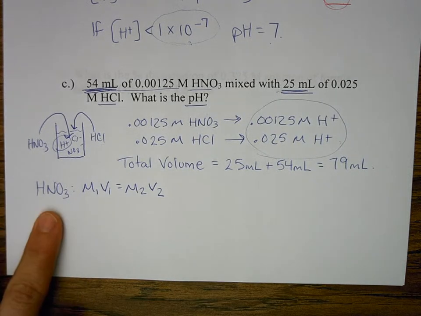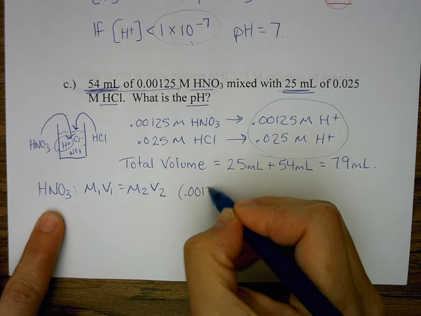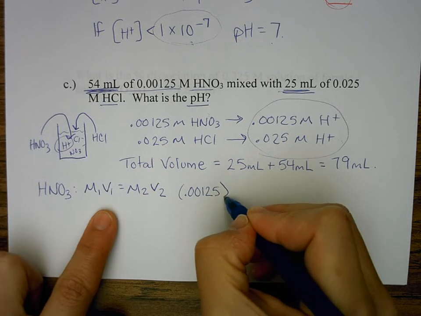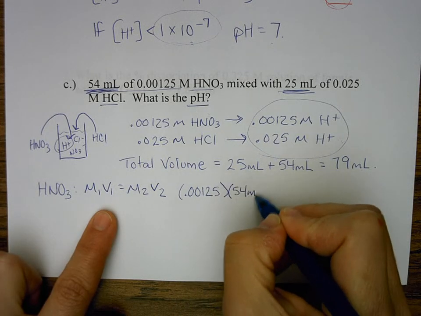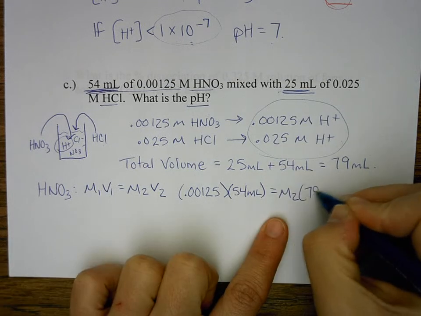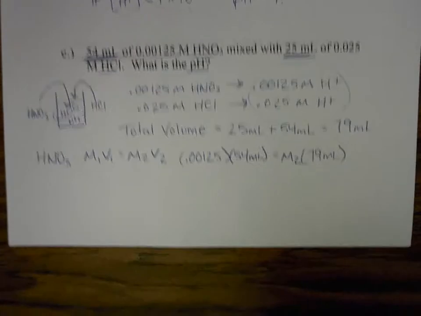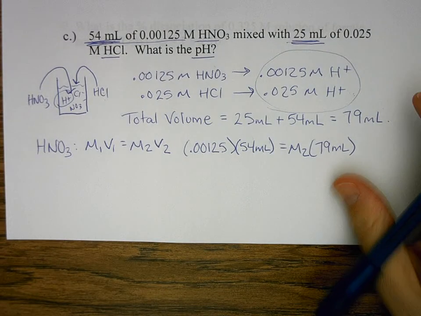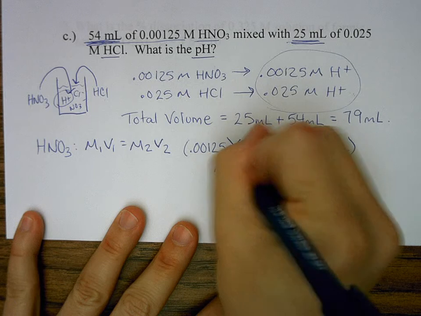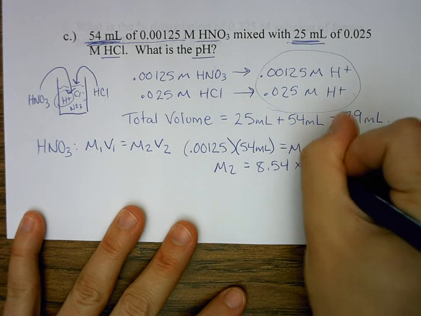For the HNO3, the initial molarity is 0.00125. The initial volume is 54 milliliters. And then I'm looking for the molarity after the volume changes to 79 milliliters. Okay, I calculate that M2 value, and it is 8.54 times 10 to the negative fourth.